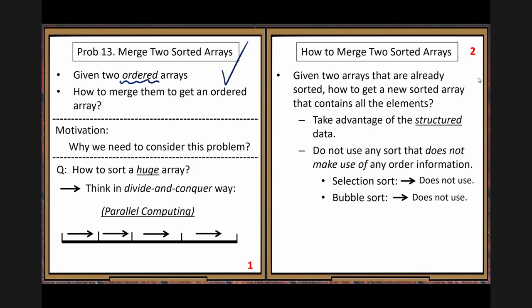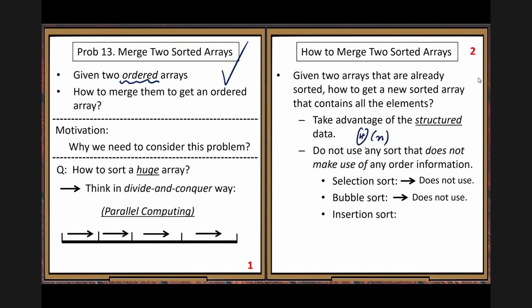Then another one. Remember, we spent some time to discuss the property. Insertion sort. In the insertion sort, is the order information very useful? Very useful. When the array is already in ascending order, can we do it much faster? In the insertion sort, big theta of n, right?